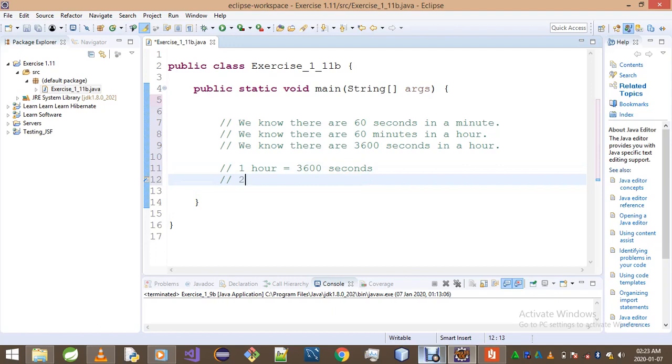So for 24 hours, we want to know how many seconds there are in 24 hours. In place of those seconds, let's put a question mark.